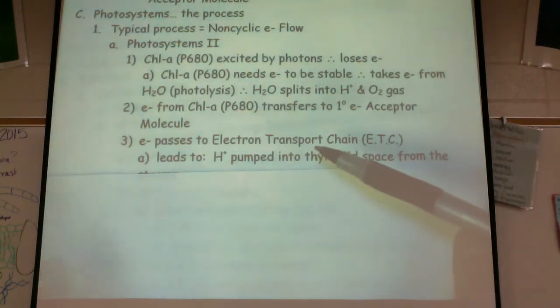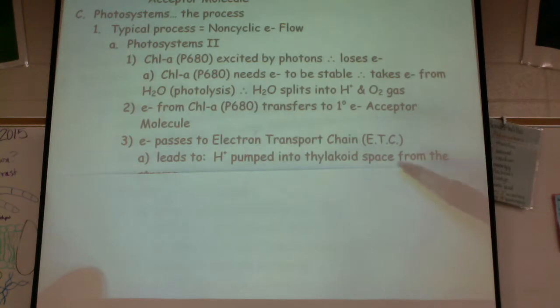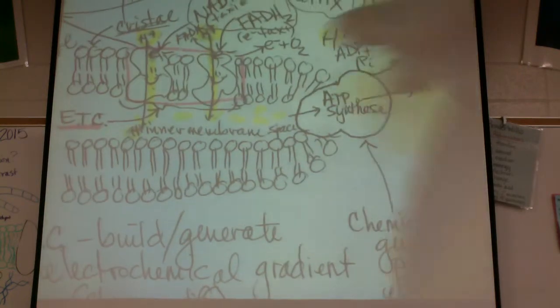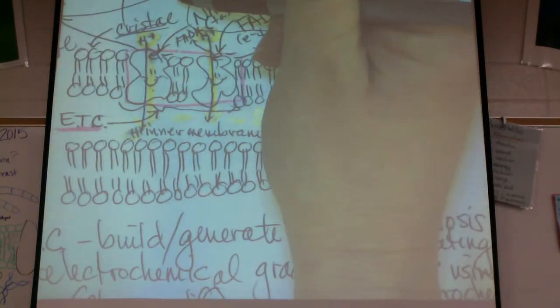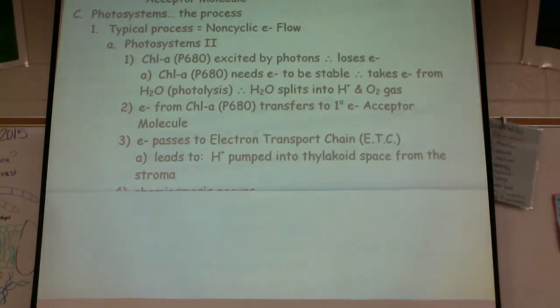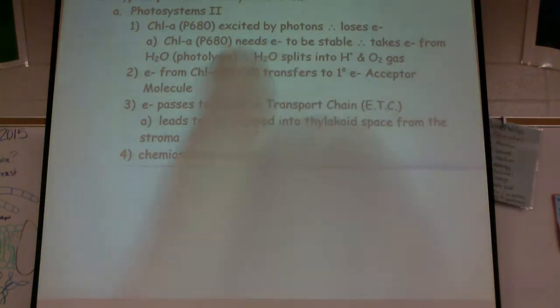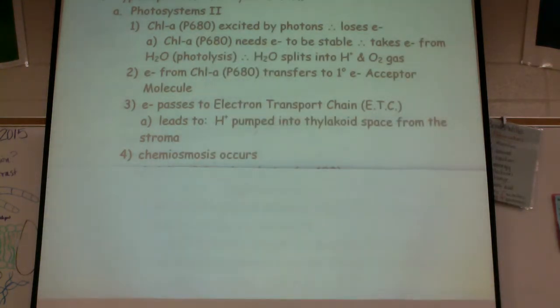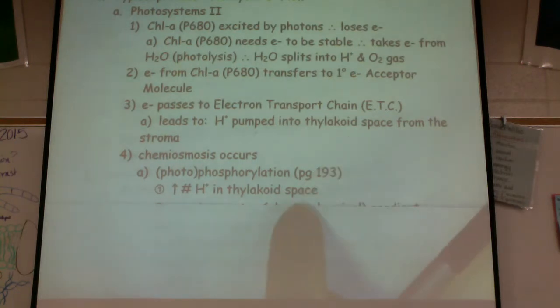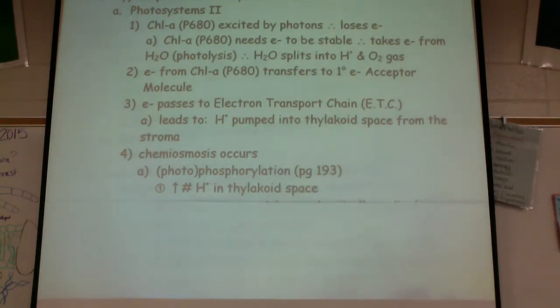Same thing. Hydrogens are pumped into the itty-bitty living space of the thylakoid space from the stroma, just like in cellular respiration, where it went from the matrix goo into the itty-bitty living space of the intermembrane space. Okay? So then, that means you do the exact same thing that you do in aerobic cellular respiration, chemiosmosis. You get photophosphorylation that causes an increase of hydrogen ions in that thylakoid space, that itty-bitty living space, right?